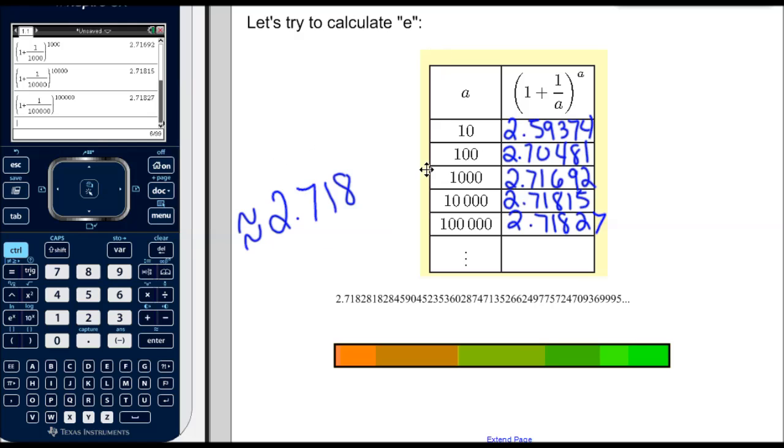But we can use this estimation to kind of work with that number. And you can get e on your calculator by just doing e to the power of 1. And it'll give you an estimate of that depending on the mode your calculator is set on. Okay, so this is the number e.